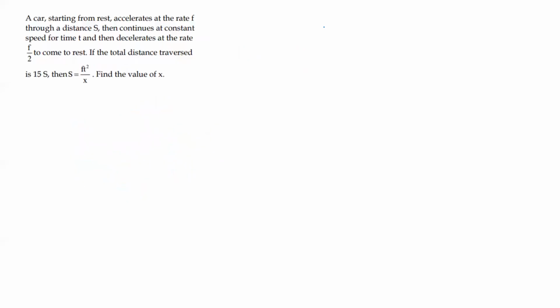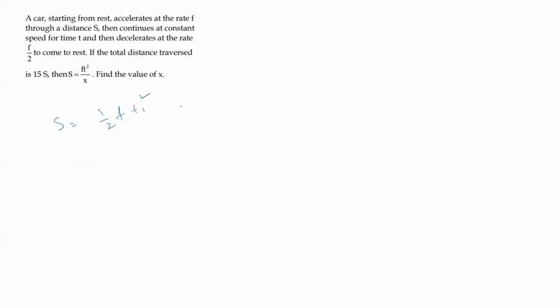Okay. Next, a car starts from rest and accelerates at a rate f to a distance s. The car starts from rest, then s is equal to half a t squared. A is the rate, so we can write it as f. You take it t1 squared, first case.